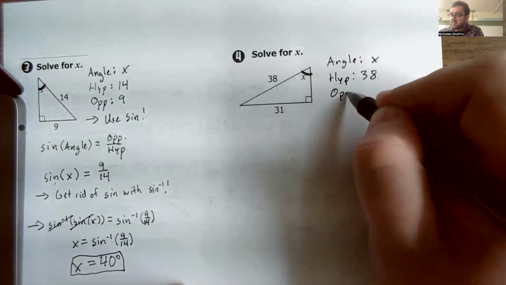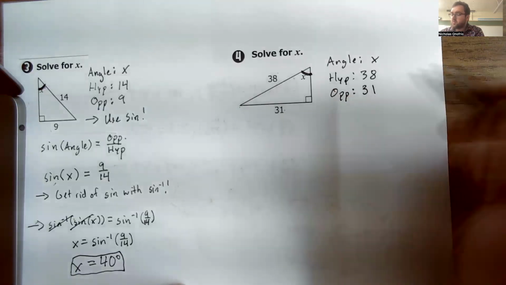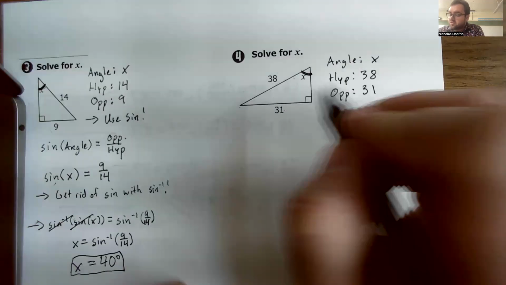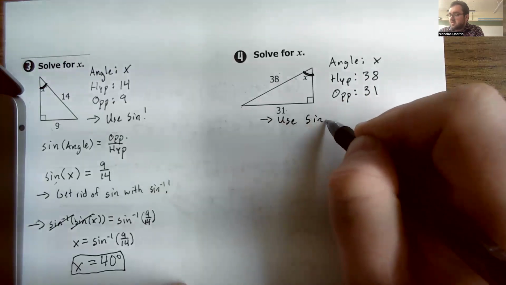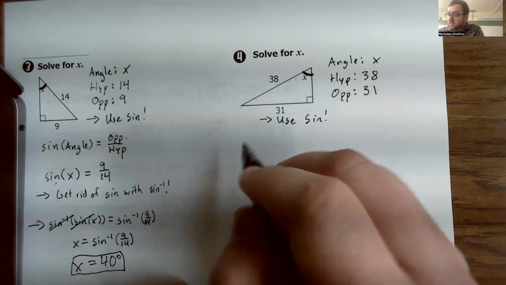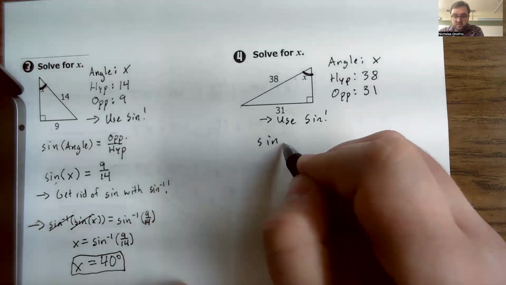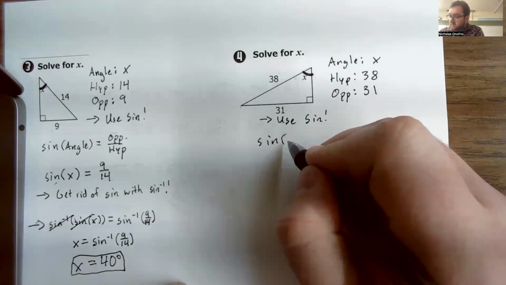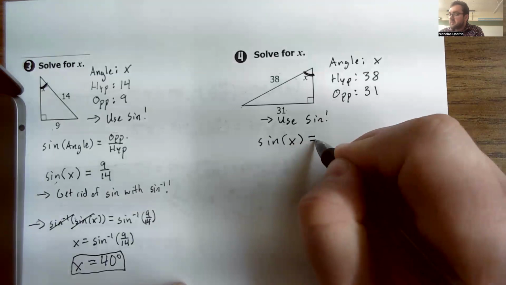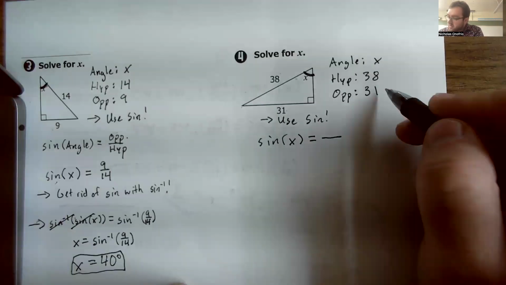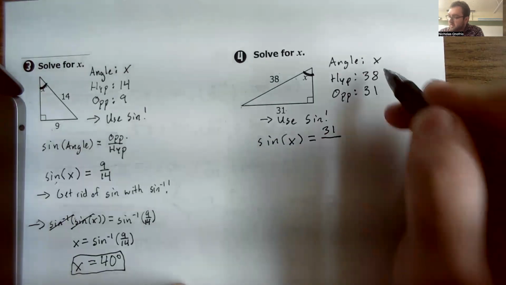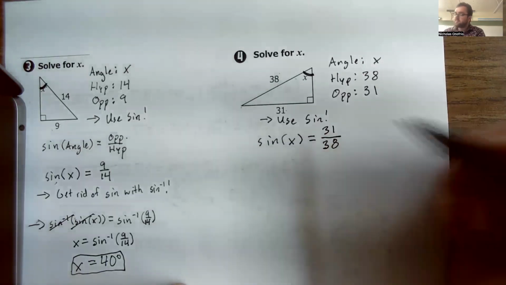And we're given the opposite side this time, 31. So just like before, we are going to use sine. Let's set up the equation. Sine of x equals opposite over hypotenuse. Opposite is 31, hypotenuse is 38.